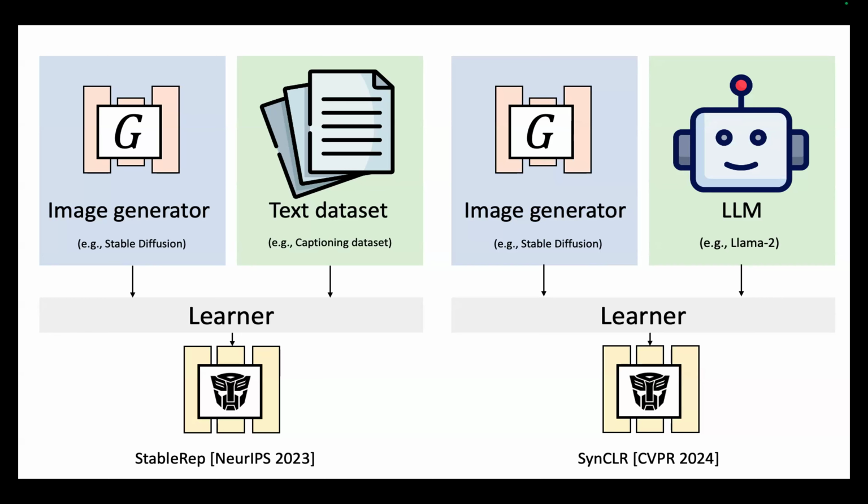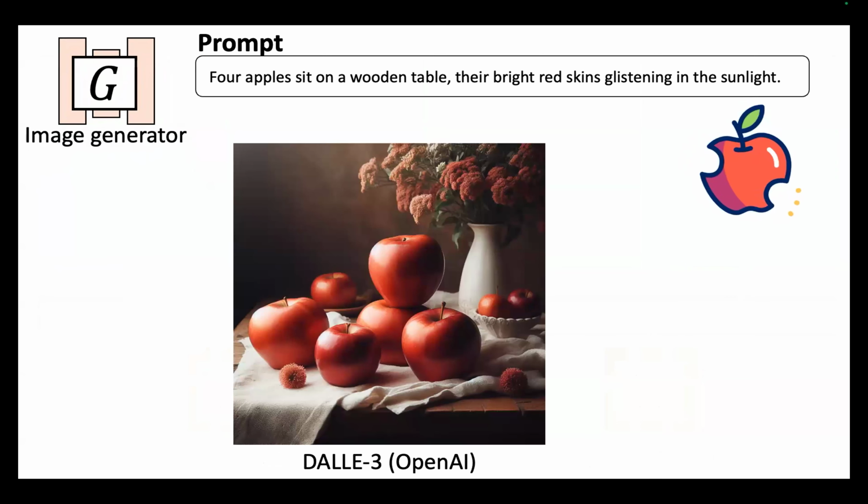All right. So now the bottom line is really about how well this generator works. Let's look at some examples and see what the major issues are. For example, here we ask the generator to generate four apples on the table. The image quality is very good, but it doesn't really know how to count.